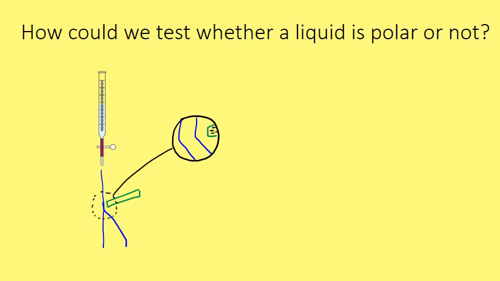Then our water molecules are going to arrange themselves such that the delta positive hydrogens are closer to the negative charged rod, and the oxygens, which are delta negative, are going to be further away. And we'll just draw another water molecule here, where the hydrogens are delta positive and the oxygen is delta negative.